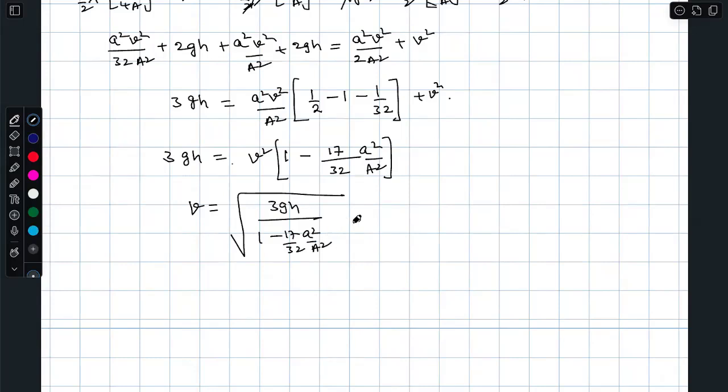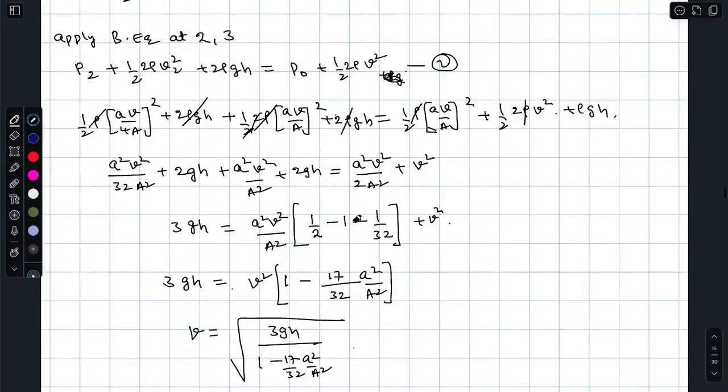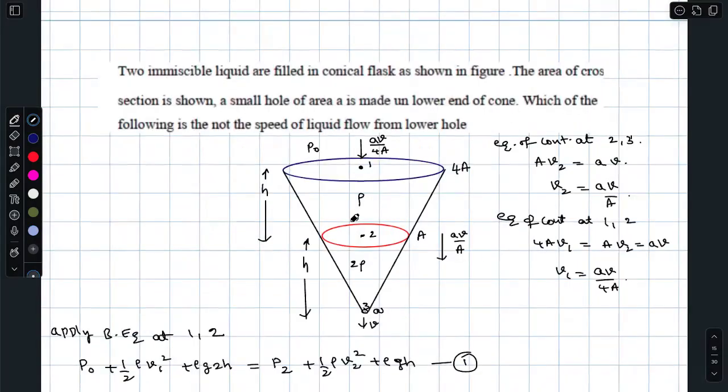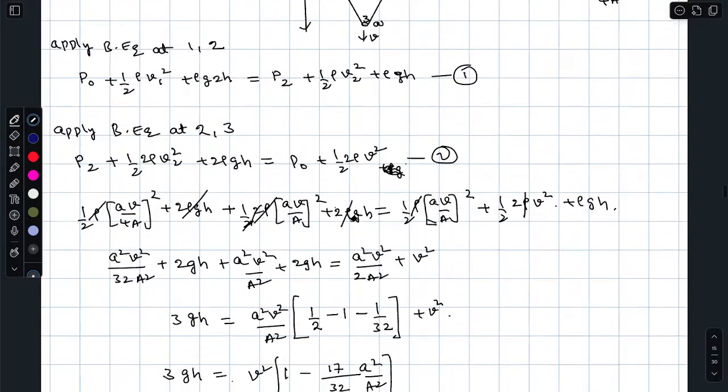That's what they have given. Now I am asking you again, it's a very good question. Good chances are there for this question to appear in any of the form of exams. Any doubts? Sure. Boys and girls?